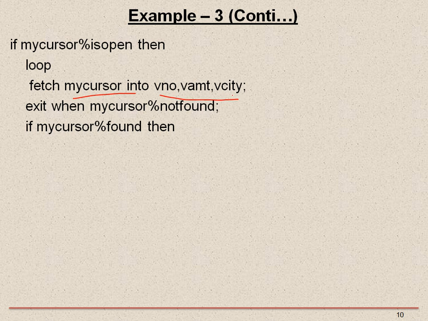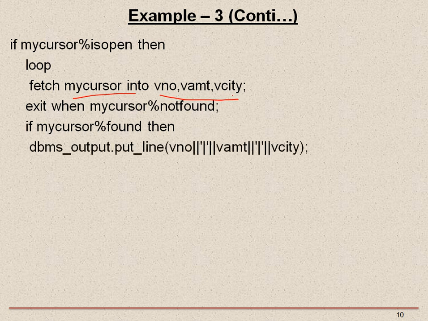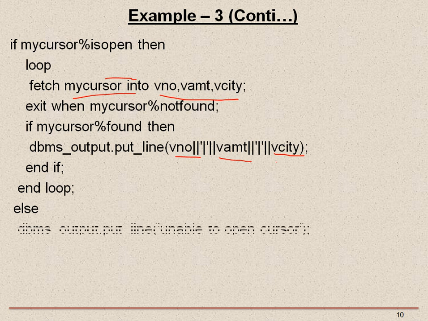If percentage found, then we print the values of these three variables. That's why we are using v number, v amount and vct: variable for city, variable for amount and variable for number. Then the condition termination and loop termination, the else portion, and printing unable to open cursor if something happens.